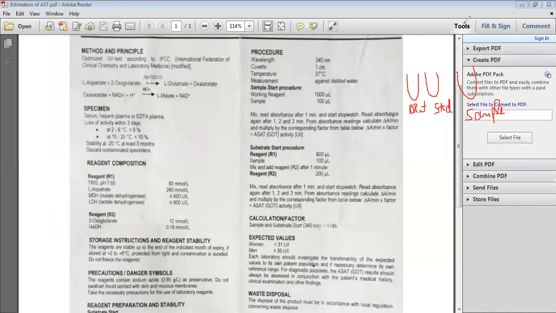In the sample test tube, you will add 100 microliters of sample solution.